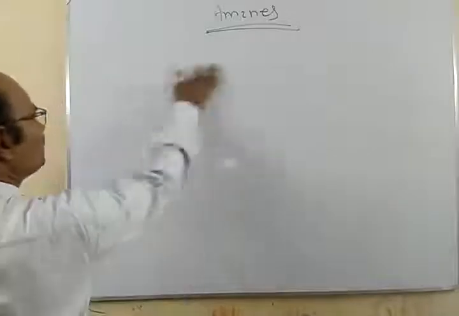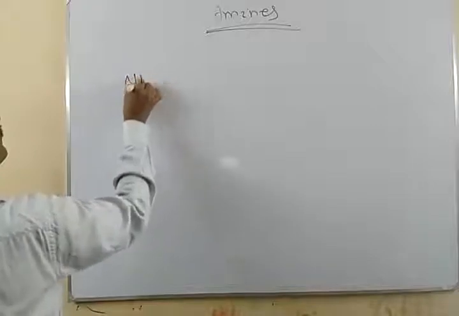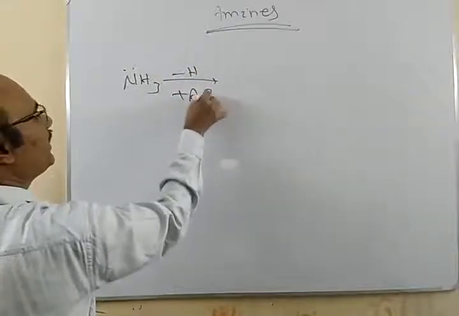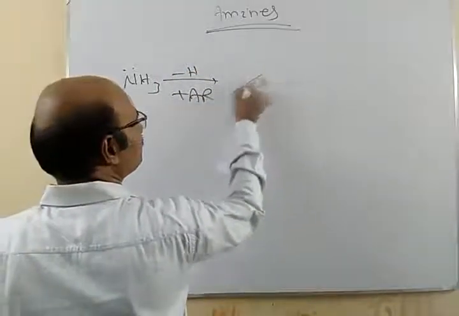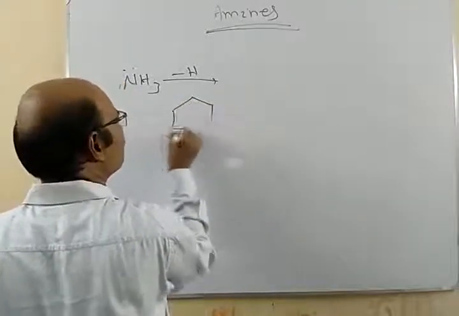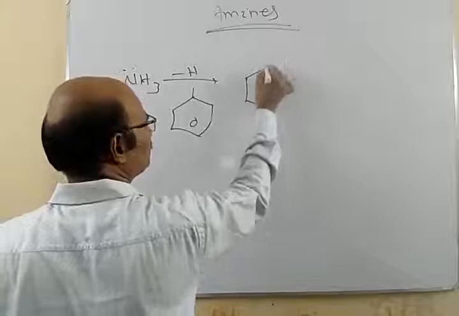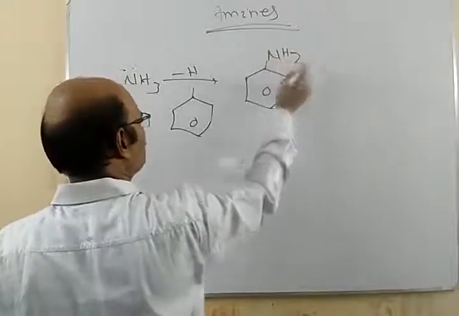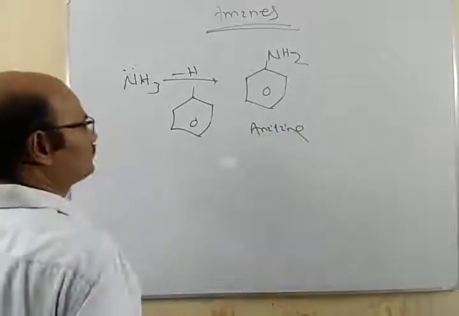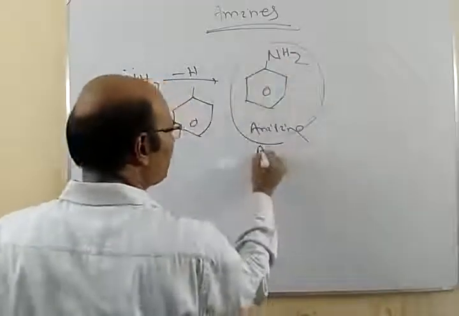Now similarly, if I take NH3 and replace H with Ar, I get an aryl amine. Suppose I take a phenyl group, C6H5NH2. This is called aniline. This is your aromatic amine.